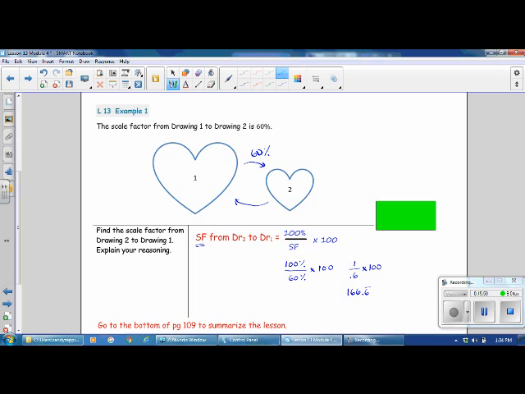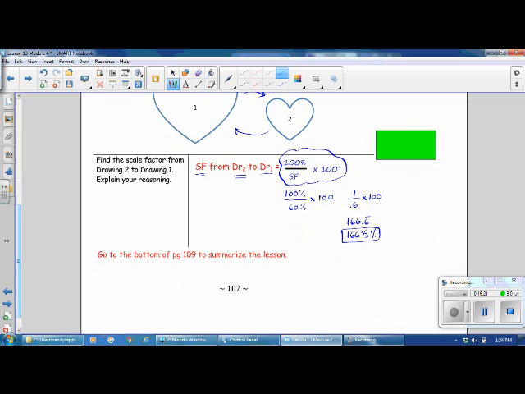Remember when you have a repeating decimal to use your second F-D key and convert that to a fraction. So our answer is 166 2/3%. And that makes sense that our scale factor would be over 100% because it is an enlargement when we are going from drawing 2 to drawing 1. Okay, you'll want to memorize how to find the scale factor working backwards.